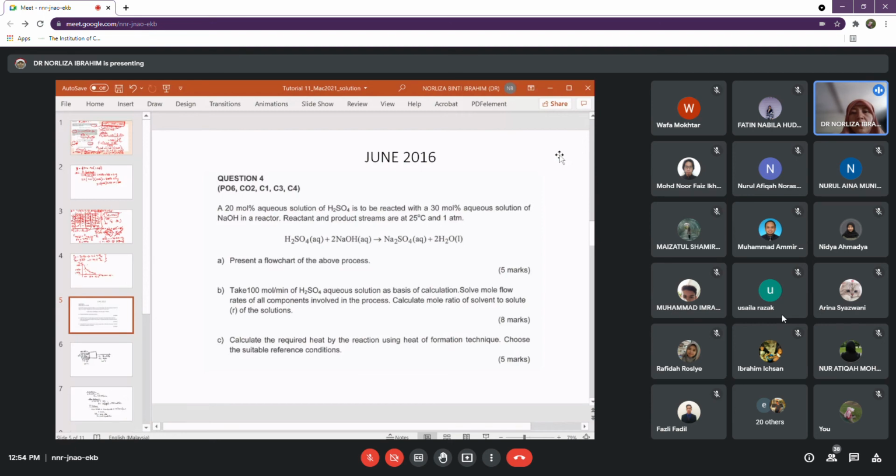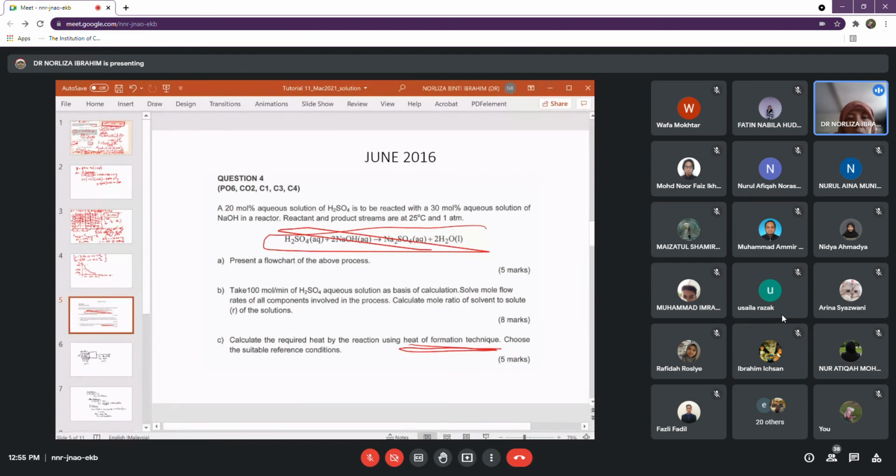But here you see the heat of formation technique. If you go to the textbook, the method shown is only heat of reaction. But here is the heat of formation technique. So it's a very good discussion, so that you have an idea how to solve using heat of formation. Maybe everyone already has the idea.